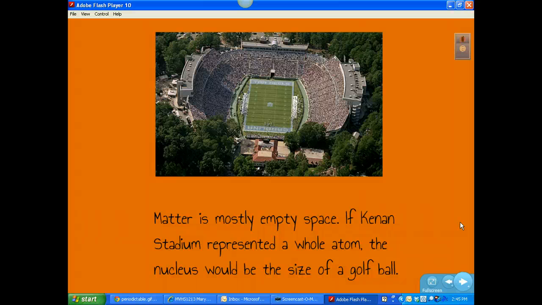The whole stadium is the atom. The electrons have a ton of room to move around, okay? This would be the size of the nucleus. So the nucleus holds most of the mass, all right? And it's really, really small and compact, and then around it, you've got all kinds of room for electrons to exist, okay? And that's how much space these guys take up.